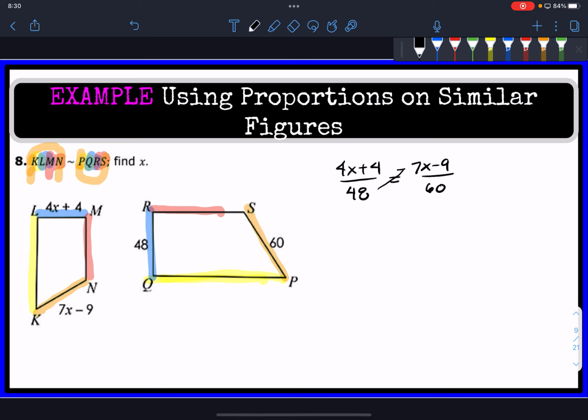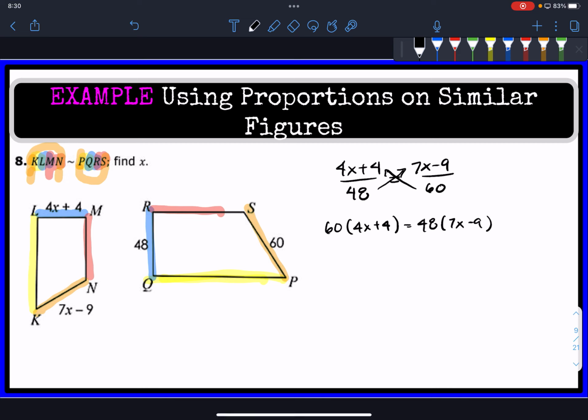I could do something, but I'm just going to use the numbers the way they are. I could see that these two numbers do have a common factor of 6, and I could divide those by 6, but I'll just leave it the way it is and just use these numbers. All right, so I'm going to set this up, and there's going to be 60 times 4x plus 4 and 48 times 7x minus 9.